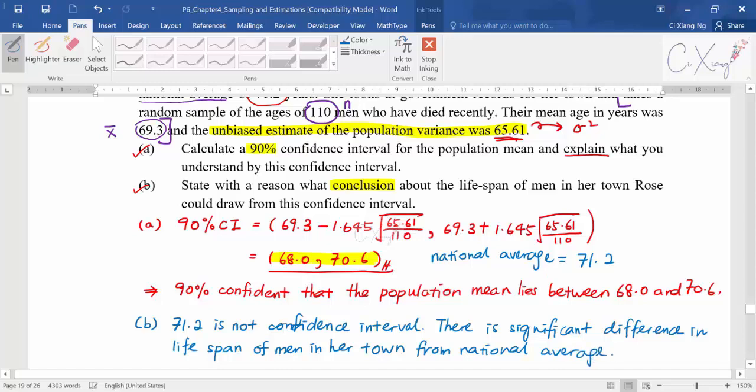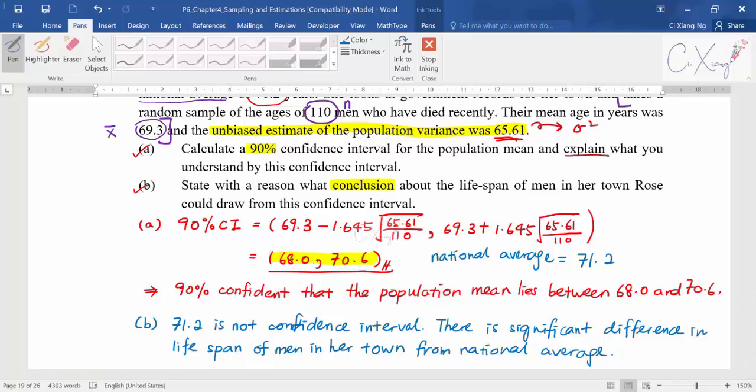Okay, so you can try to copy this answer and try to understand it, which is quite obvious because for this confidence interval, she's using the data from her town. Correct?